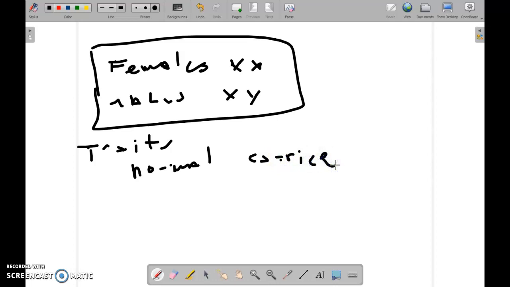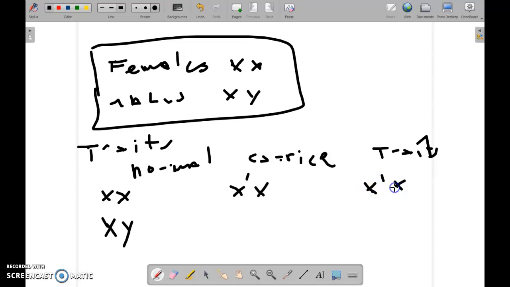And then we have traits. They're going to carry it. So normal for a female would be XX. For a male is going to be XY. A female can be a carrier, and I'm going to use a little hash mark above the one X. Males can't be carriers. Now, if they have the trait, a female will have it on both X's.